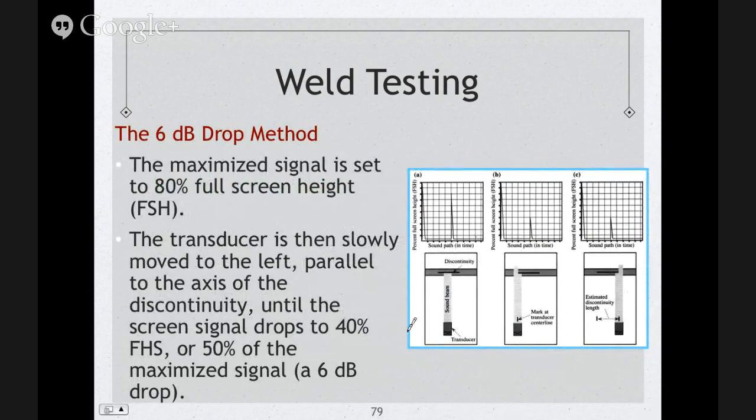Because when we go past this point, the amplitude of our indication is just going to go lower and lower until it dies, right? But let's say I start scanning here to the left, and it goes to 40%.